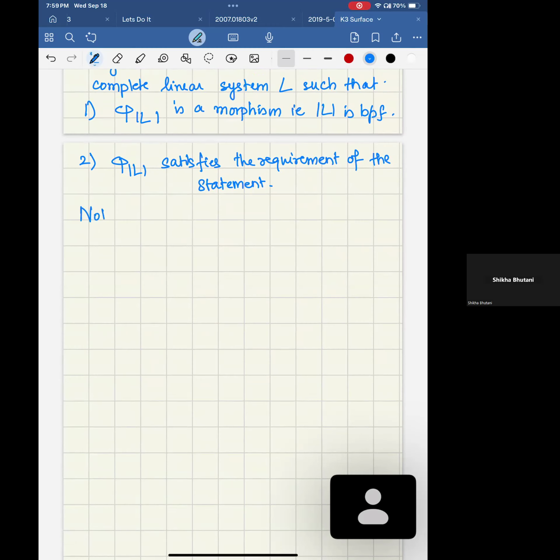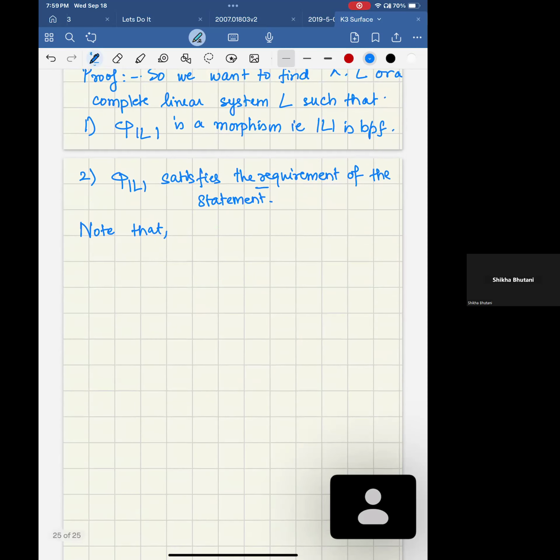So note that when we say it should satisfy the requirement of the statement, the requirements are as follows. The first requirement is that phi of L should become a birational proper morphism.